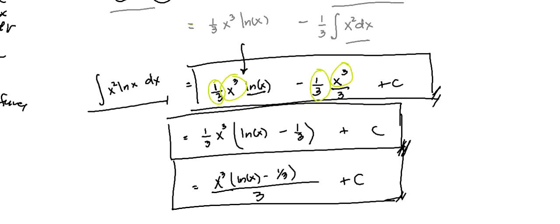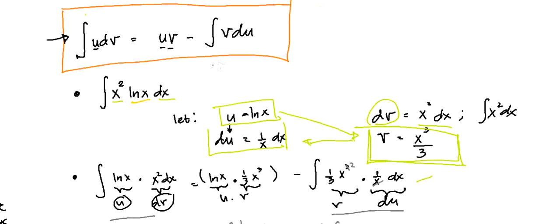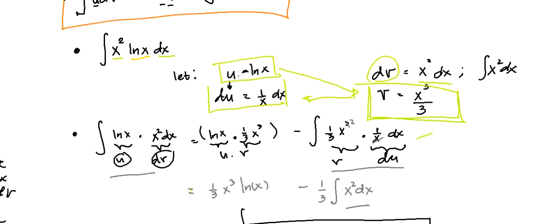Okay. So once again, by using integration by parts, we need to choose which is u and our dv, and our suggestion is that we must set our dv to be integrable.